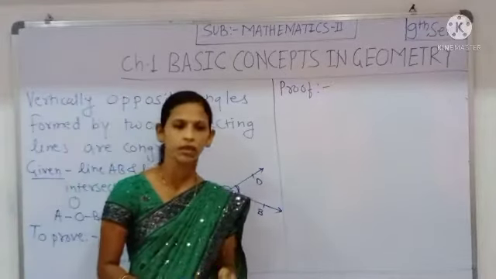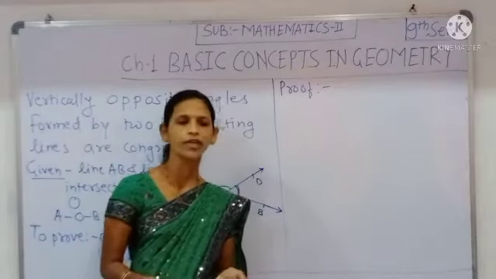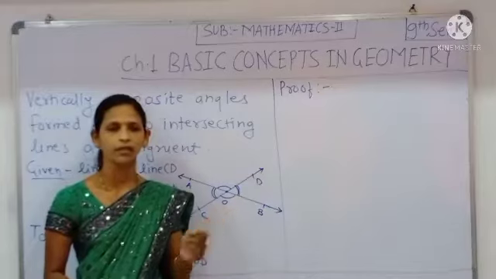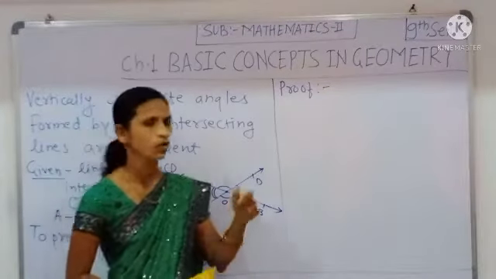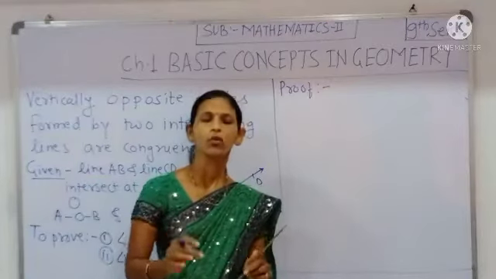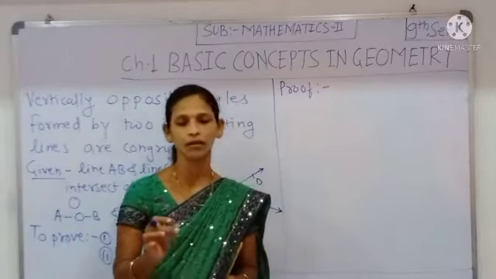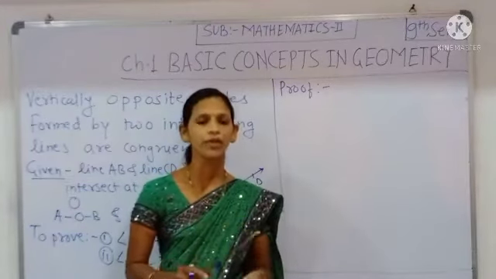Postulate means the few properties or geometrical statements which are already proved using a few activities, and here we are going to use the property that a linear pair of angles is supplementary.